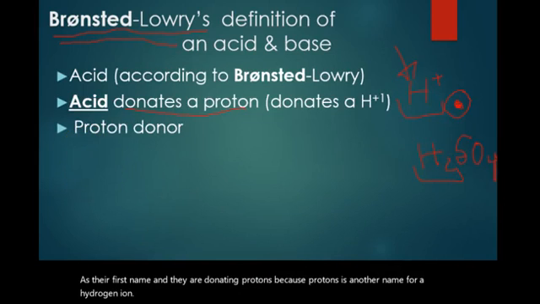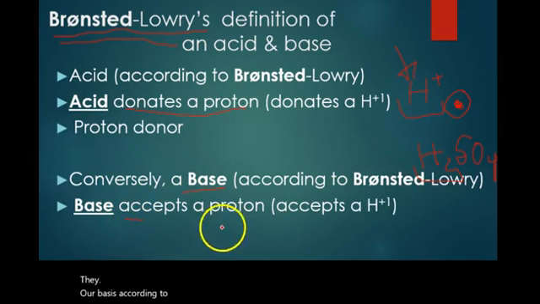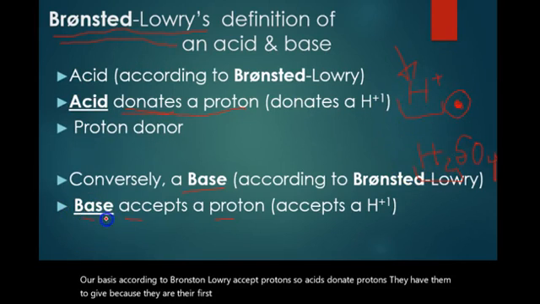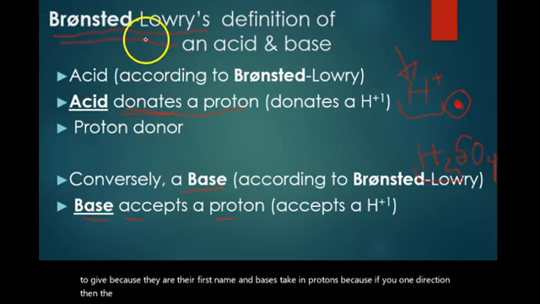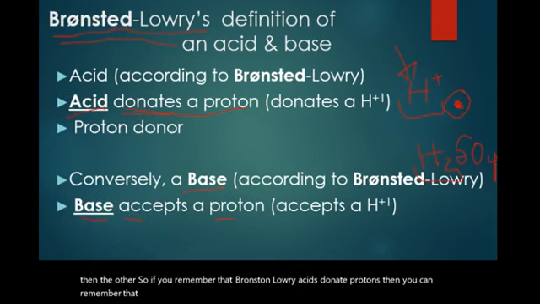Conversely, bases, according to Bronsted-Lowry, accept protons. Acids donate protons, they have them to give because hydrogen is their first name, and bases take in protons, because if you know one direction, then you know the other. If you remember that in Bronsted-Lowry acids donate protons, then you can remember that bases accept protons.